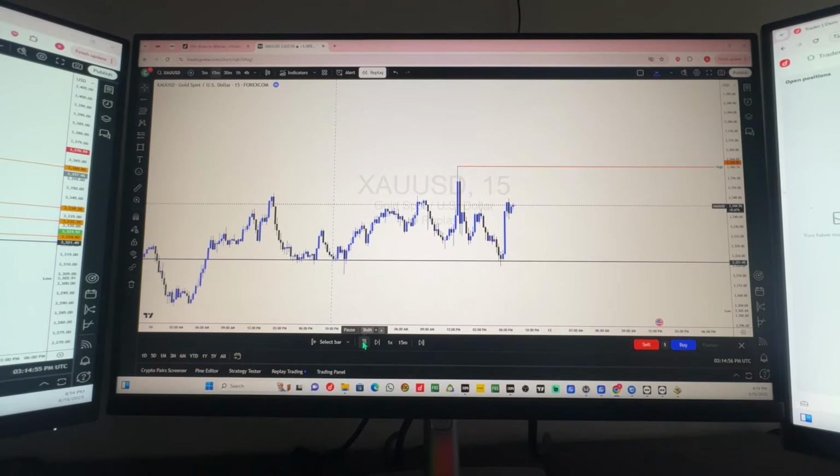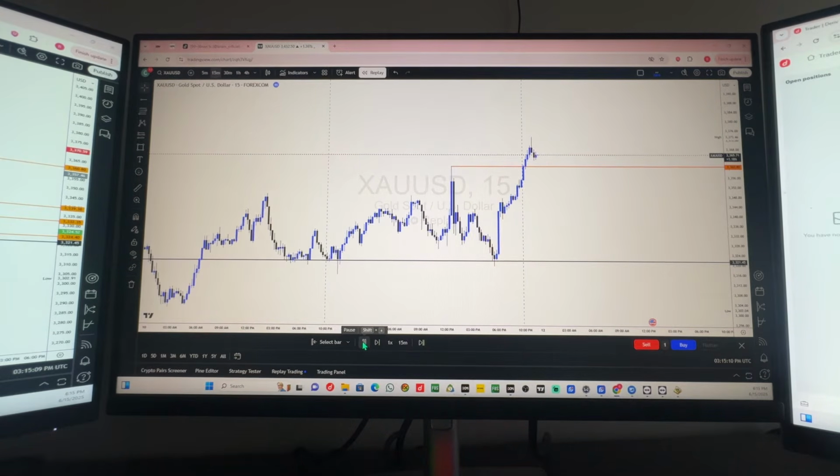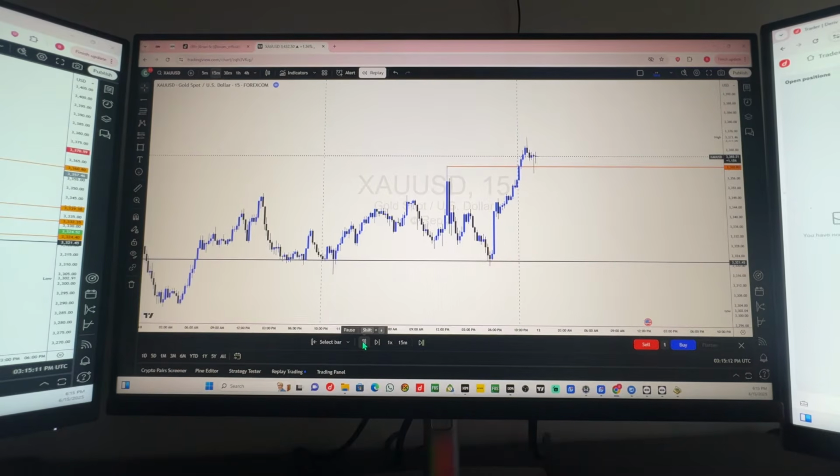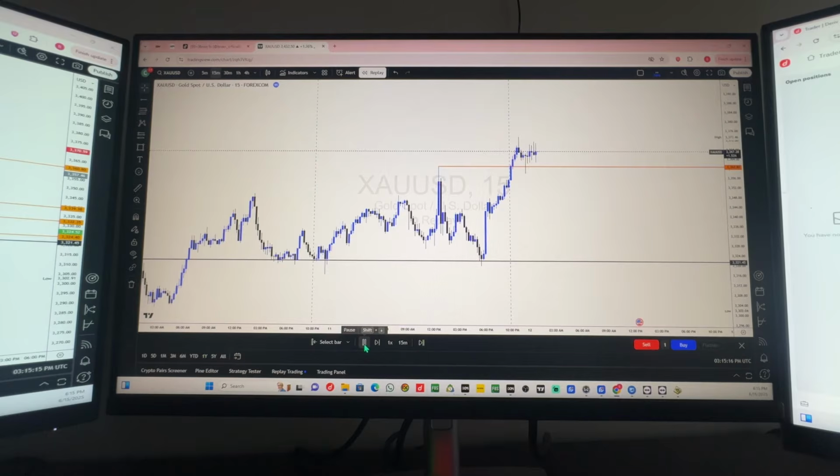And once it is taken, from there I can wait for a pullback before continuing with the trend or before joining the buyers, okay? You see it has been taken. You just give it some time.